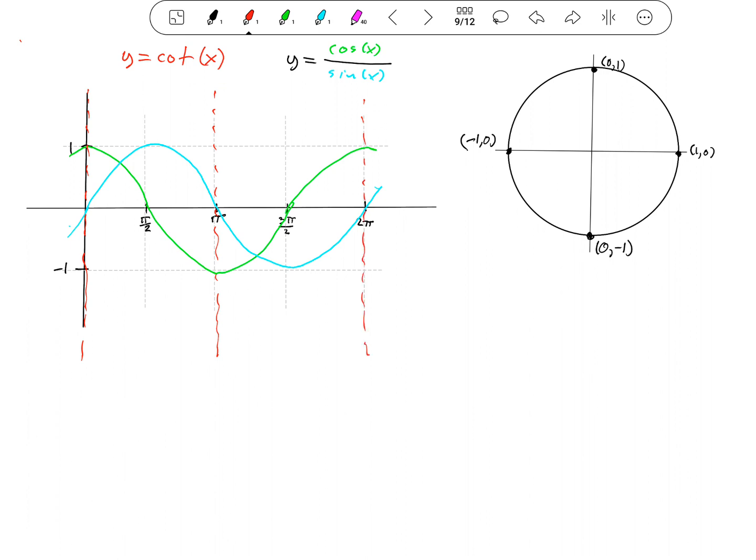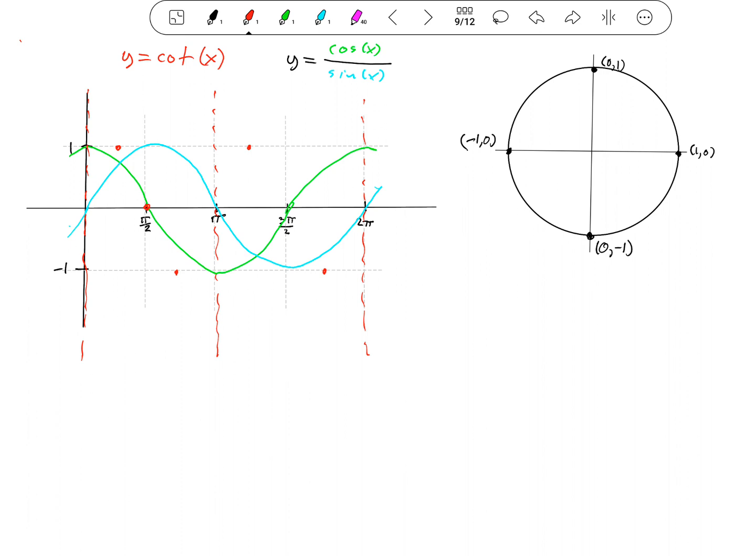And cotangent of x is going to equal 1 or negative 1 whenever cosine of x and sine x are equal. So we're going to have that point, and that point, and that point, and that point. And we're going to get that cotangent of x is equal to 0 whenever the cosine of x is equal to 0.